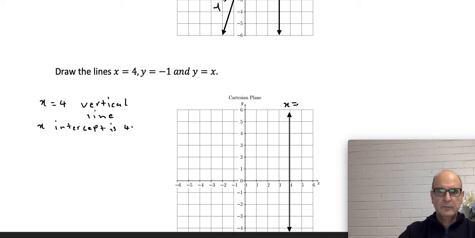Now the next one is y equal to minus 1. If y is equal to a number, then we are talking about a horizontal line. So this is a horizontal line, and the y-intercept is minus 1.